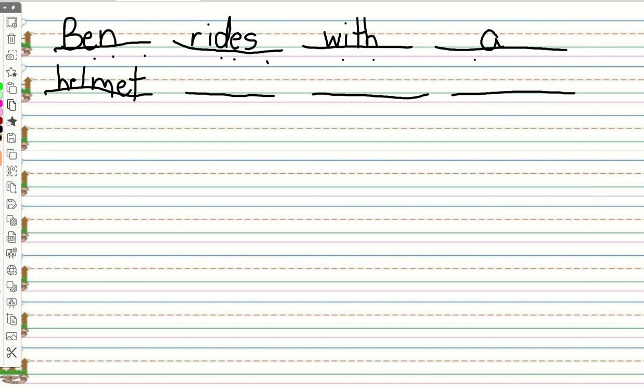That second syllable, we get lazy and turn our vowels into schwas a lot of times. Ben rides with a helmet to, we know that word really well, to be, safe. But I know I've got to make it say its name, safe. And the way I'm going to make that A say its name is with that E at the end.